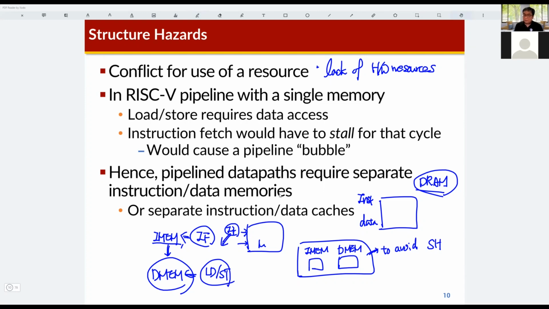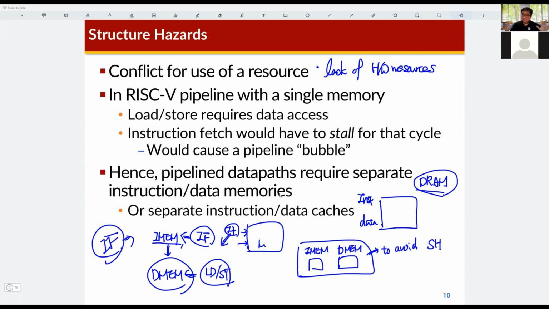And every instruction requires the instruction fetch stage. So if the instruction fetch is delayed, then the clock cycle will be delayed. So if the processor has only one type of memory, then structure hazard can happen. Do you understand?